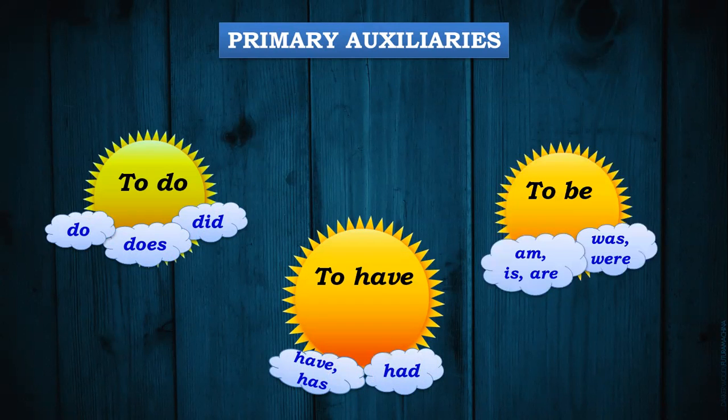The to be form, that is am, is, are, was, and were. So these are the three different primary auxiliaries that we are all aware of and that we should be aware of. So from them, if you are aware, I have used am and is.